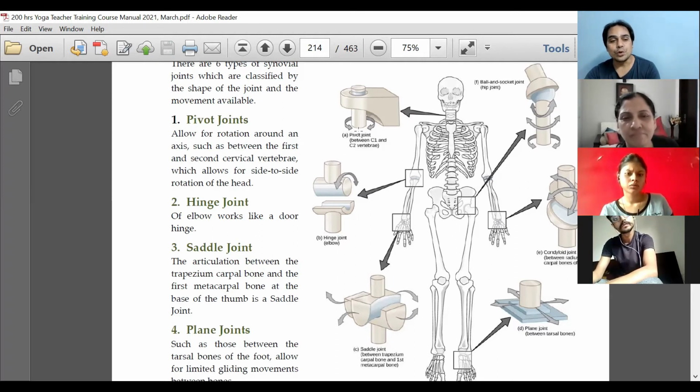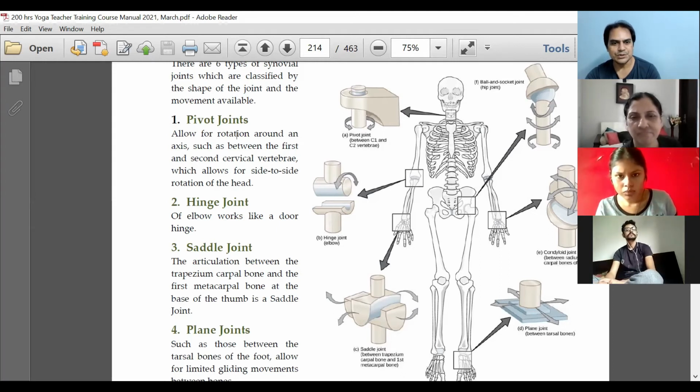The robots are made of these joints. Robots have also these joints. So pivot joint here between C1 and C2 vertebra. The first and second cervical vertebra, cervical.